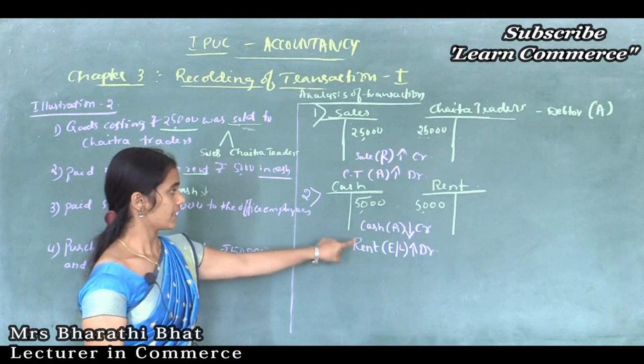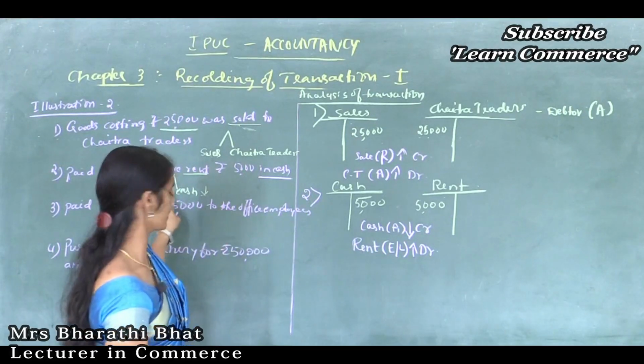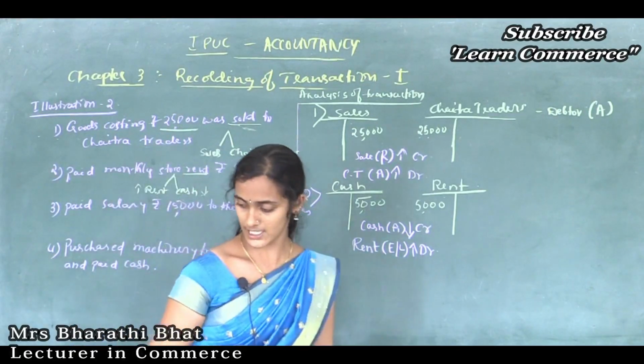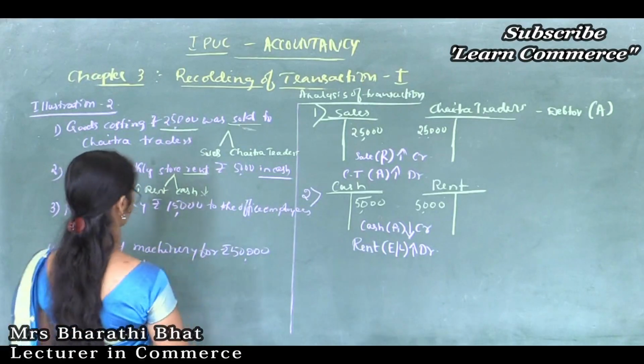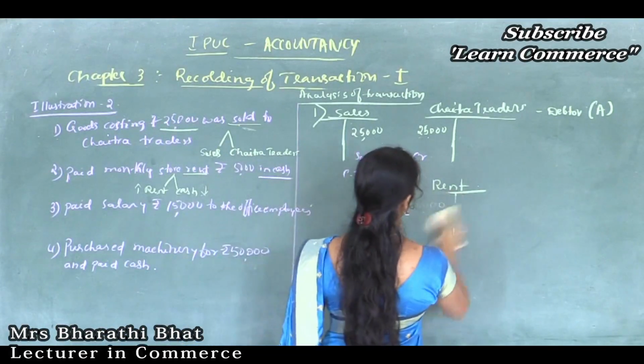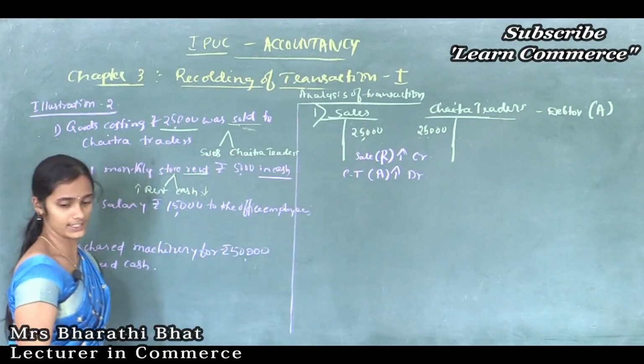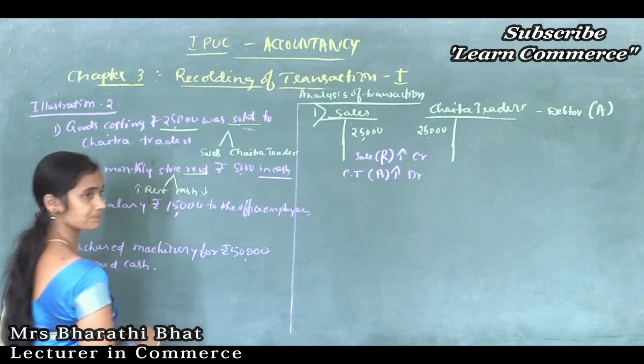Understood this? So two accounts are affected here, rent and cash. Next, take the next illustration. Just analyze the next illustration and find out the two accounts affected in the third transaction.